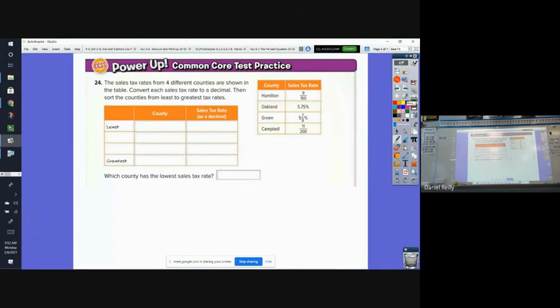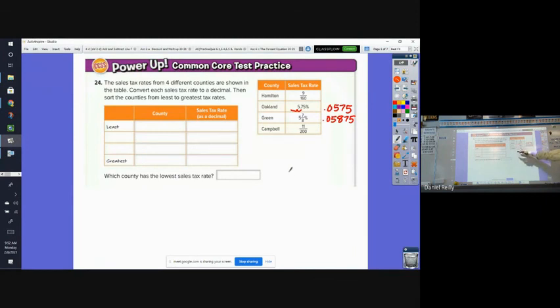And lastly, sales tax rates from 4 different counties. Writing these as decimals. 0.0575. Remember, percent to decimal, you move the decimal point 2 places. 5 7/8%, 0.05875. I know what 7/8 is. 11/200 as a decimal.